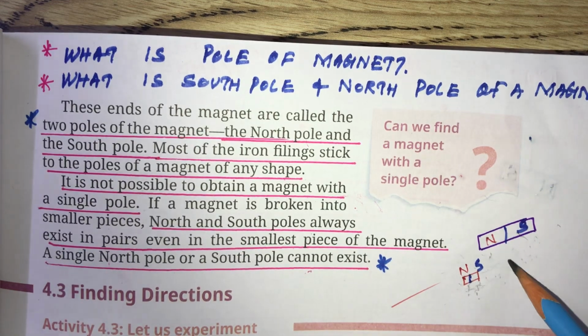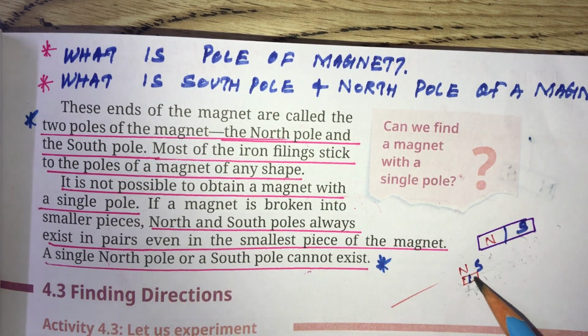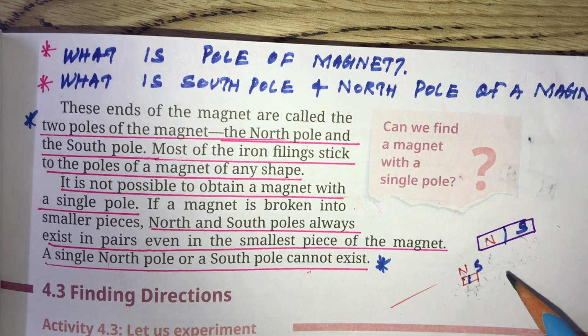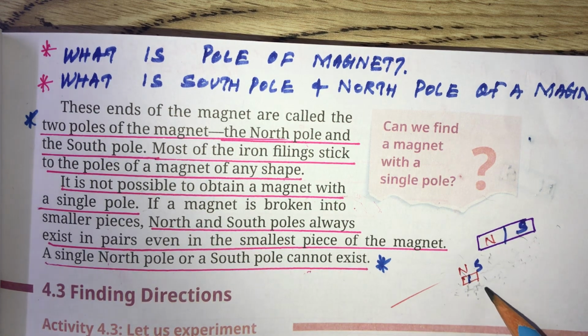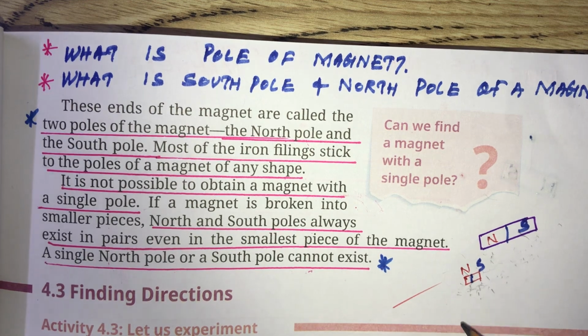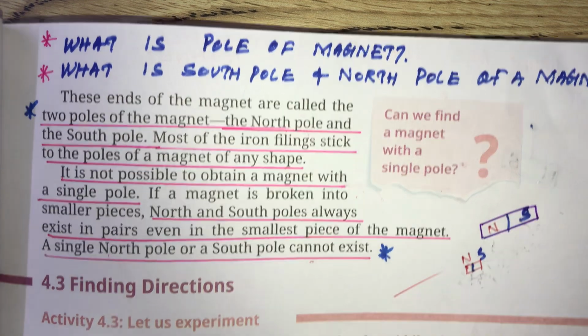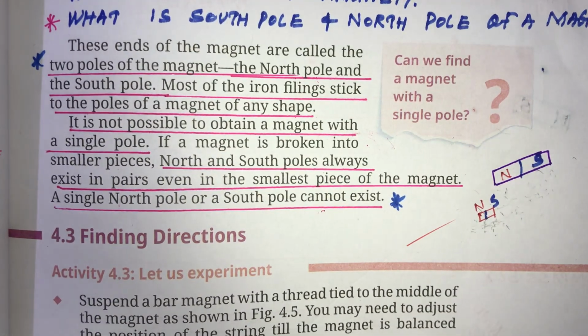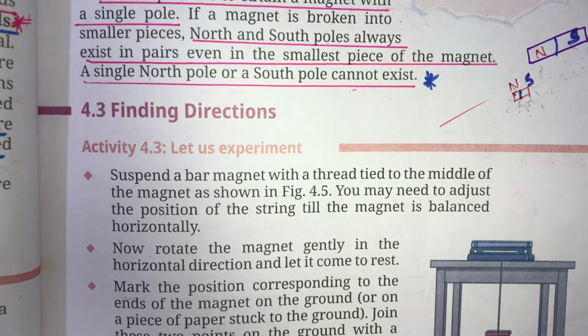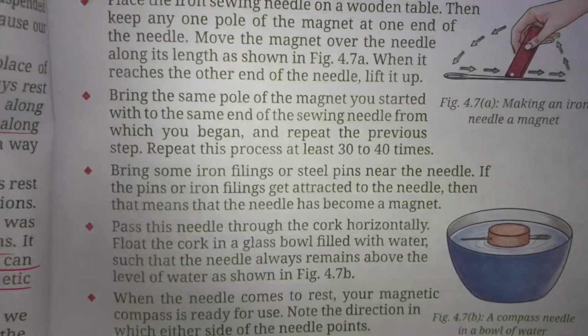It is not possible to obtain a broken piece of a magnet without poles. North and south poles always exist in pairs. Even the smallest piece of a magnet has north and south poles. A single north pole or south pole magnet cannot exist. So this is the pole of a magnet.